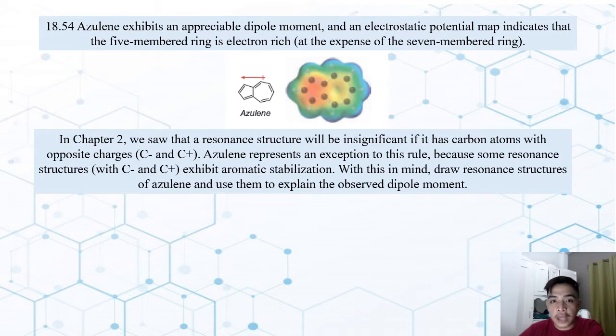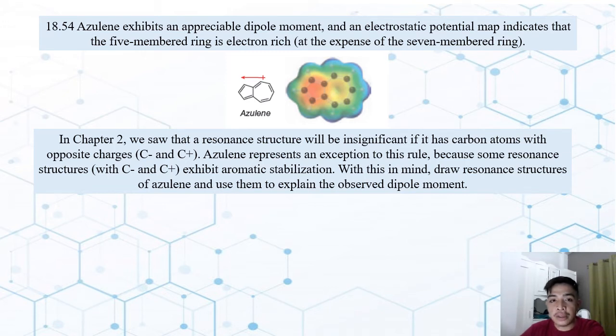This is not a reaction problem, but we are going to show the mechanism of forming the resonance structure of azulene. Each of the rings in the following resonance structure is aromatic. Therefore, it contributes significant character to the overall resonance hybrid, giving azulene a considerable dipole moment.